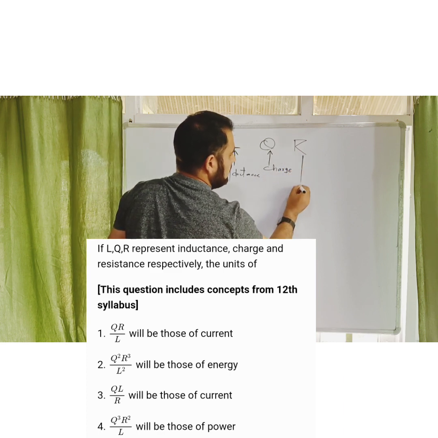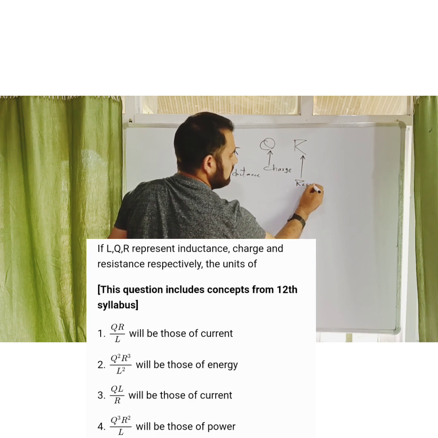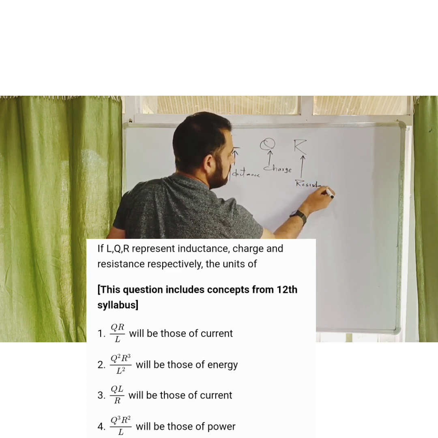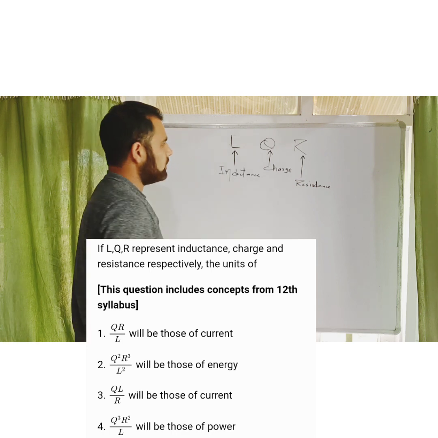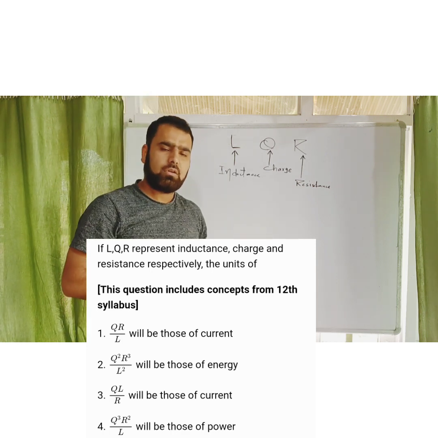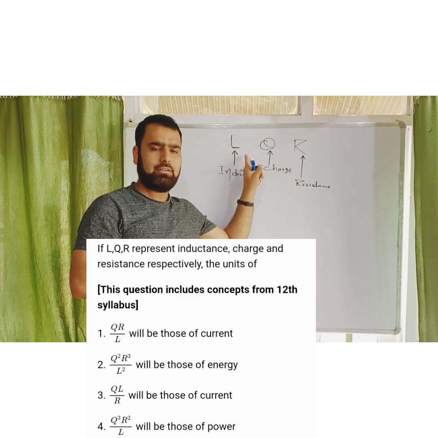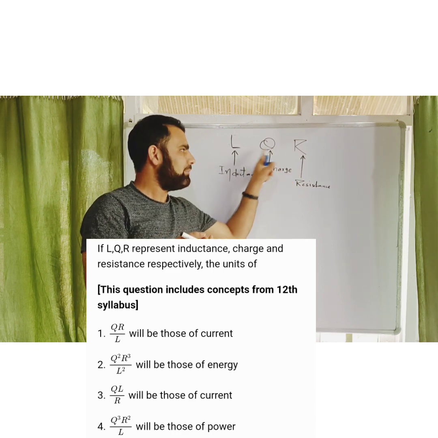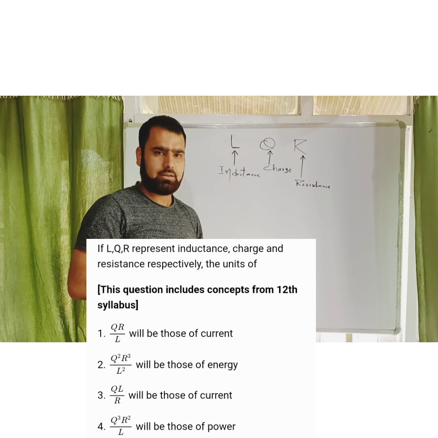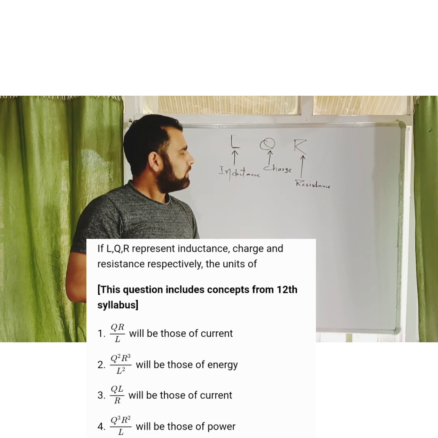R, you know, is a resistance. Now the question asks, the units of QR by L will be those of current, or QL by R will be those of current. Let me check it.